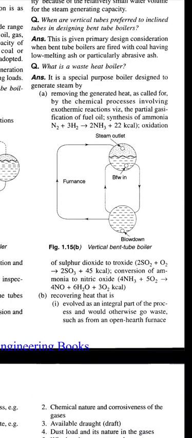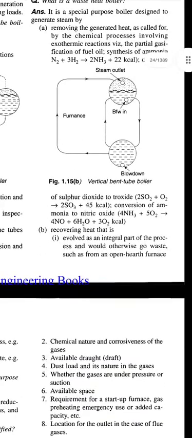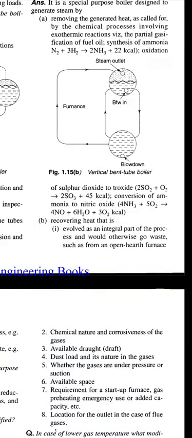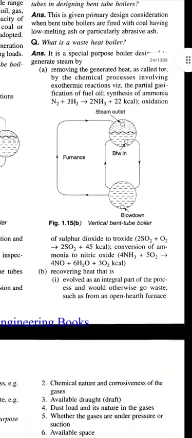Synthesis of ammonia: nitrogen plus 3 hydrogen gives 2 NH3 plus 22 kilocalorie. Oxidation of sulfur dioxide to trioxide is 2 sulfur dioxide plus oxygen gives 2 SO3 plus 45 kilocalorie. Conversion of ammonia to nitric oxide: 4 ammonia plus 5 oxygen gives 4 NO plus 6 H2O plus 3 O2 kilocalorie.